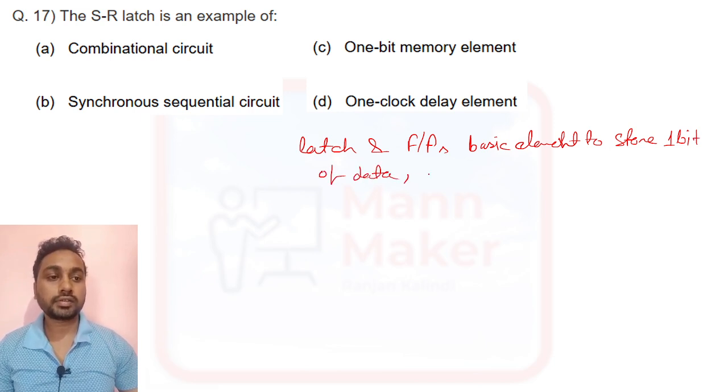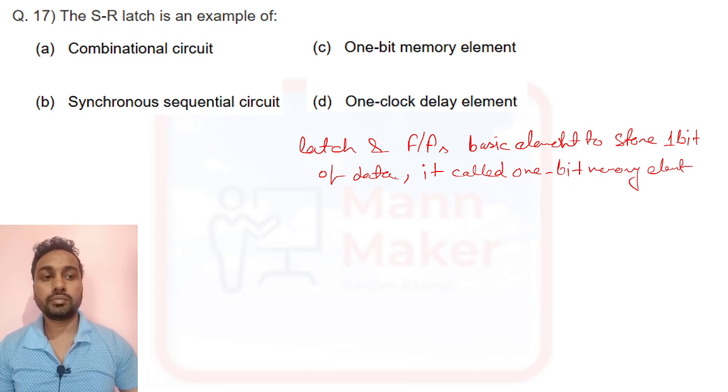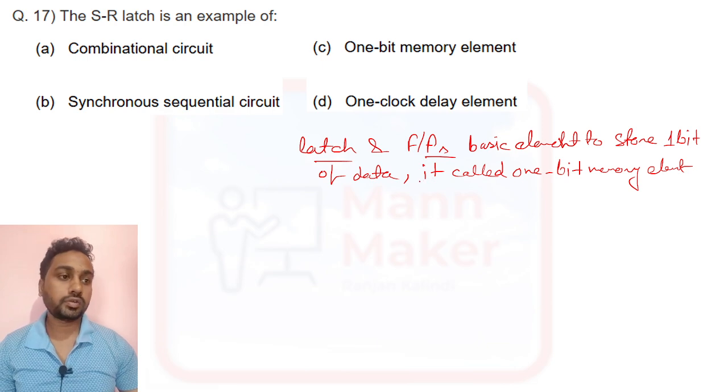That's why they are called one bit memory elements. Latches and flip-flops are a basic element to store one bit of data. That's why it is called a one bit memory element.